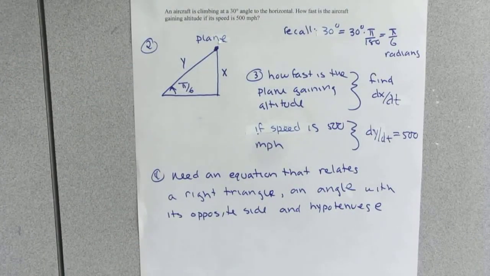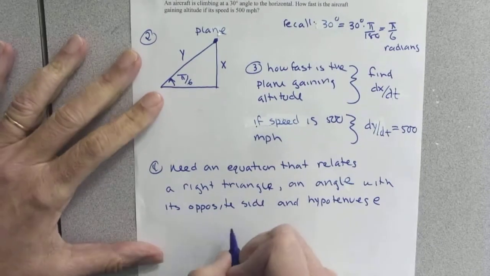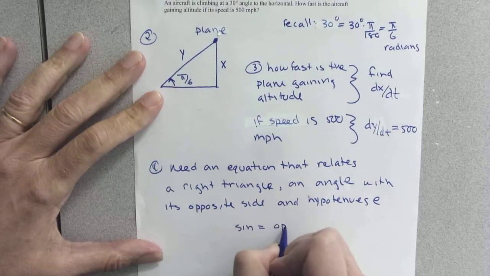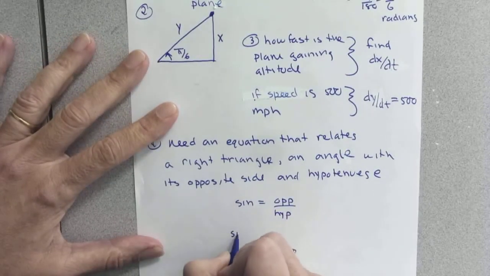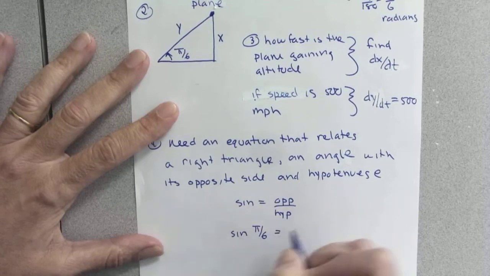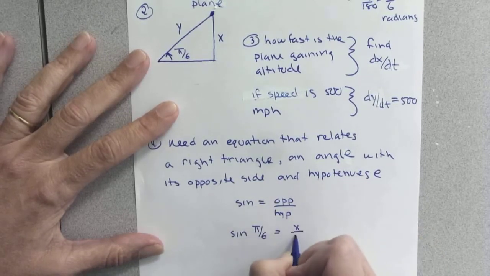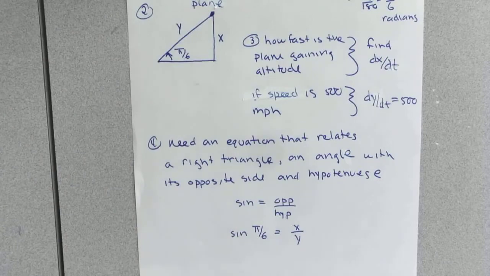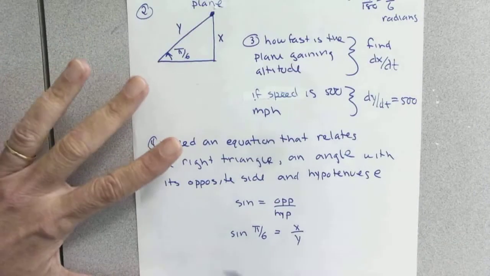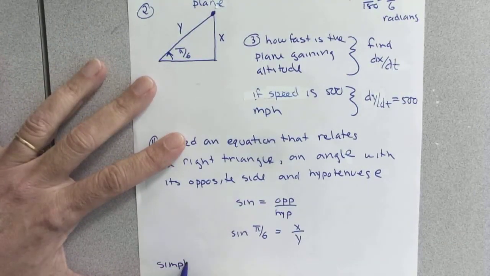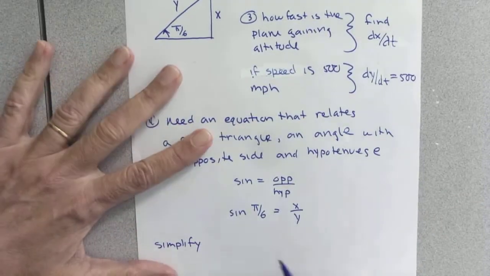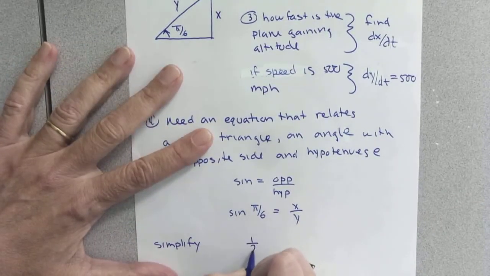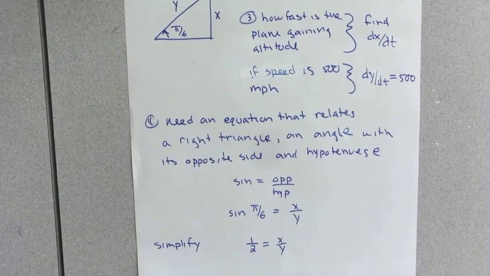So we think trig for a while, opposite and hypotenuse, and that's sine, which is opposite over hypotenuse. So in this case, sine of pi over 6 equals x over y. There's my equation. Always simplify if you can. Sine of pi over 6 is 1/2.